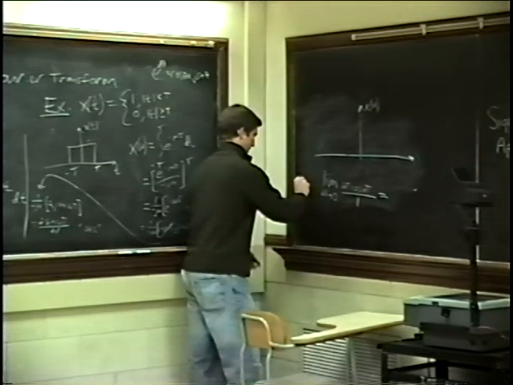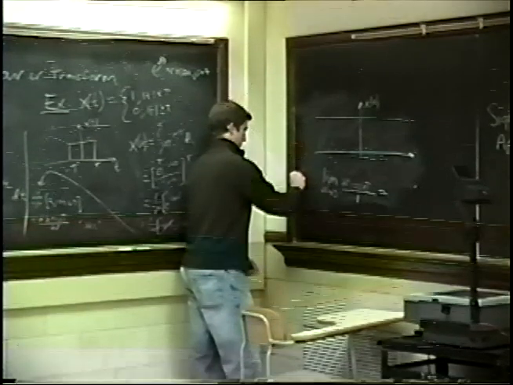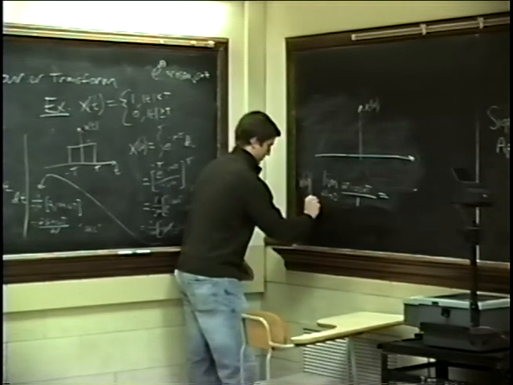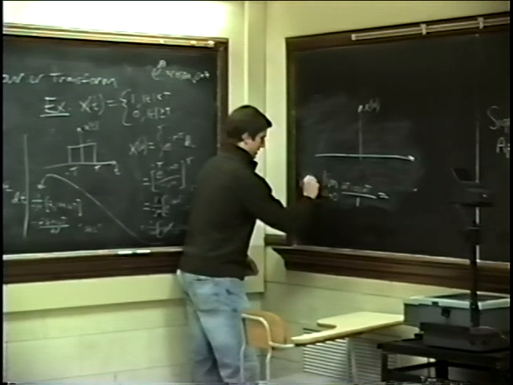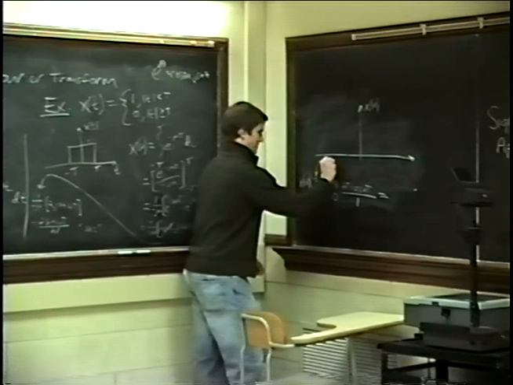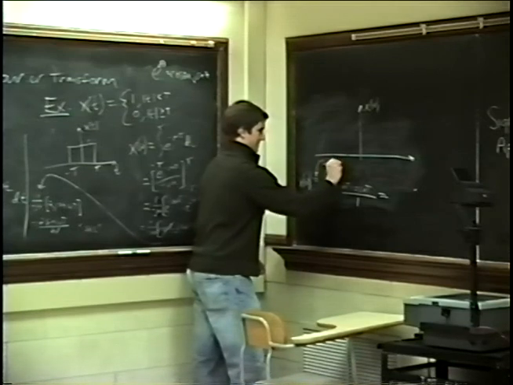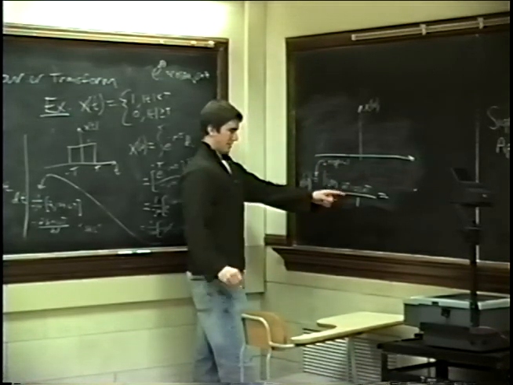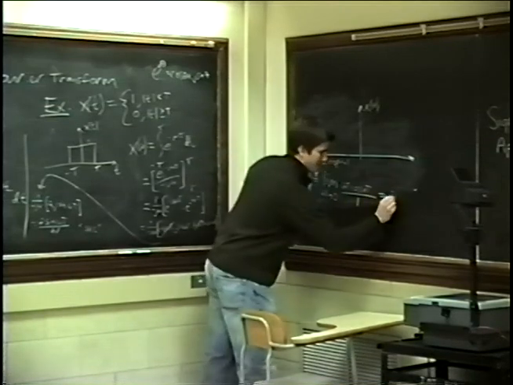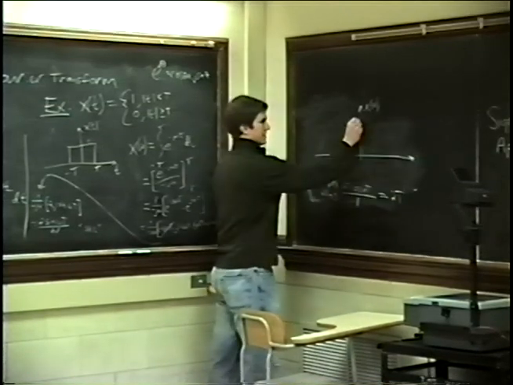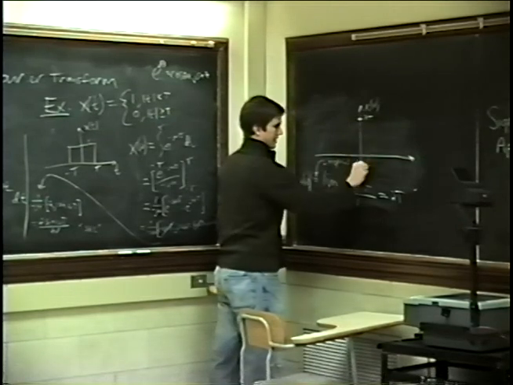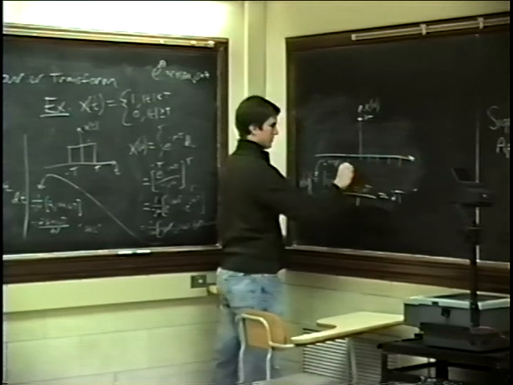So we're trying to evaluate x of omega when omega goes to 0. And we use L'Hopital. Here, we get this. And from this, we get 2t. So that gives us this value here. It's equal to 2t.